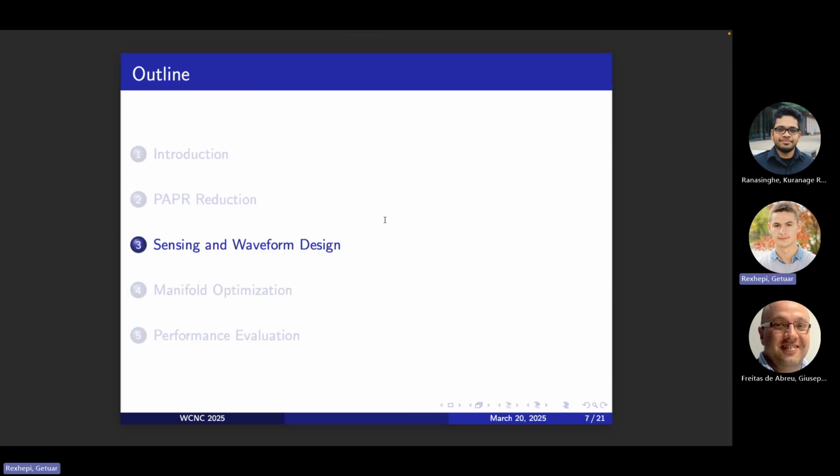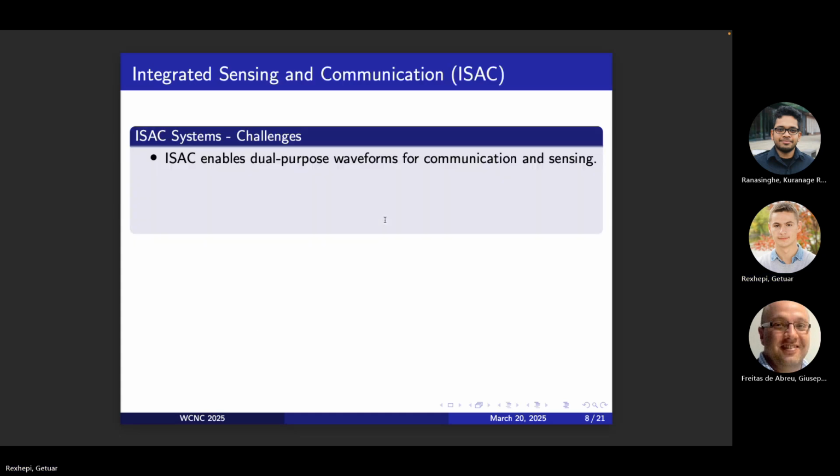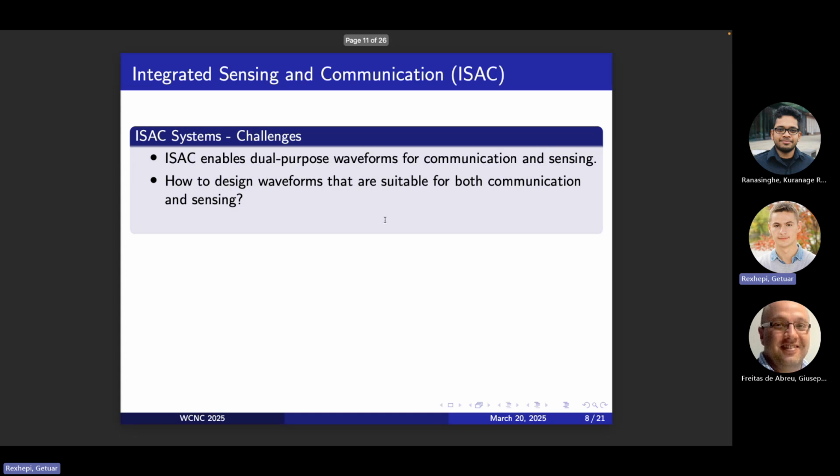Now, I'm going to discuss the sensing and the waveform design inspired by the emergence of ISAC. So in integrated sensing and communication, we want dual purpose waveforms for both communication and sensing. But here we have some challenges. First of all, the question remains how to design waveforms that are suitable for both communication and sensing.